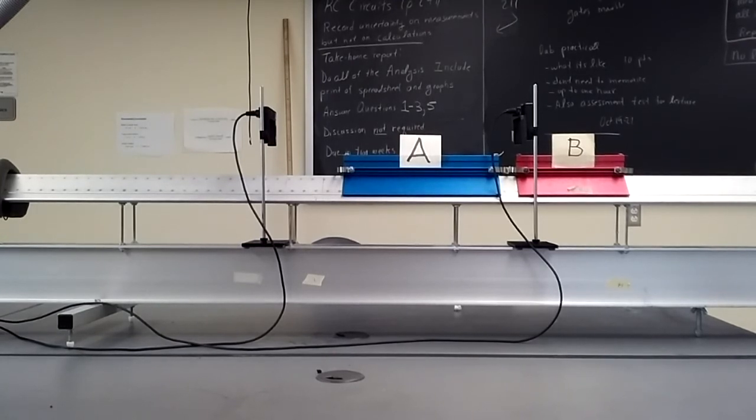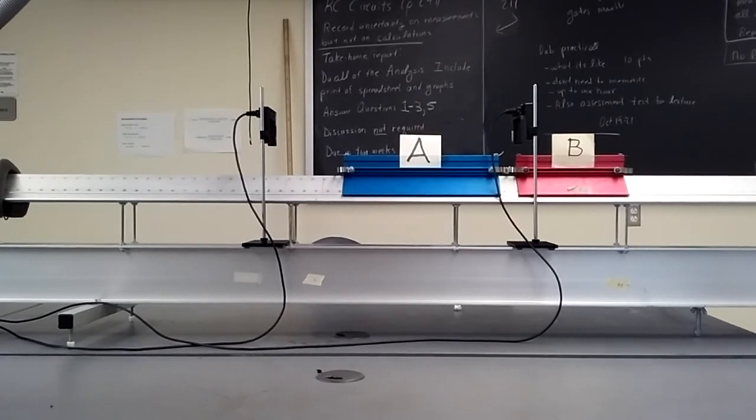And when you look at your data sheet, there's a lot of numbers to calculate, even more than last time, if that's possible. You're going to calculate momentum for a bunch of different situations. About 2/3 of the way down, you'll come to something called delta P over P total initial, okay? That is like your percent error in this experiment.